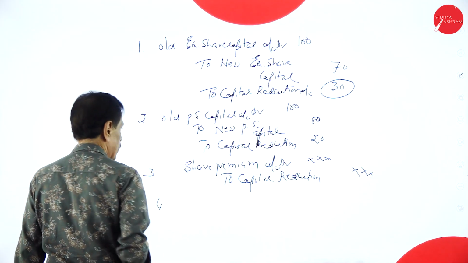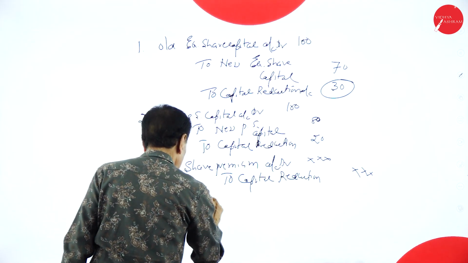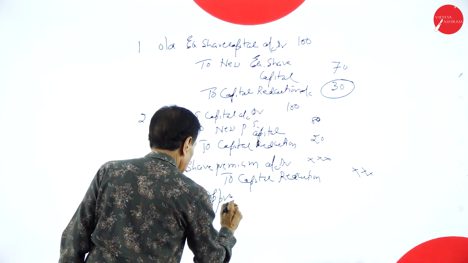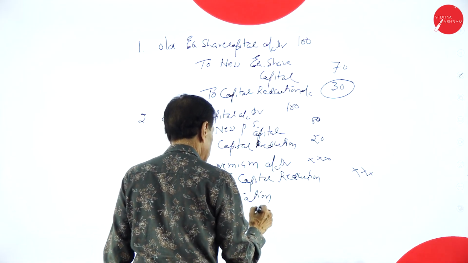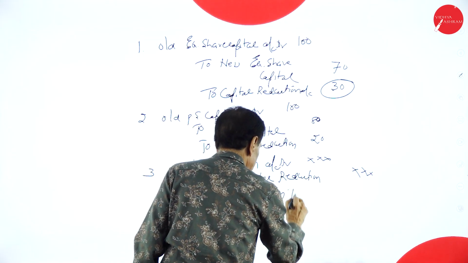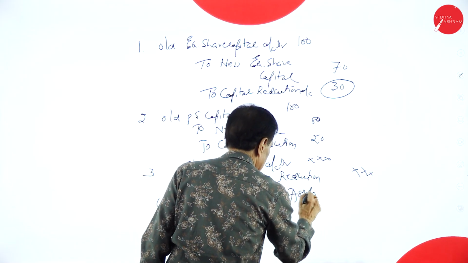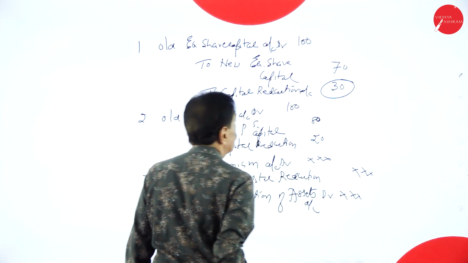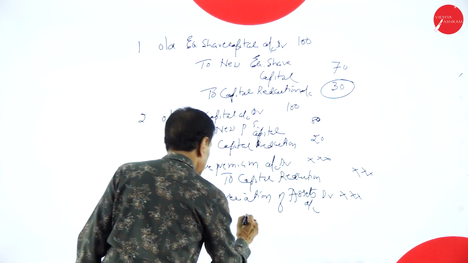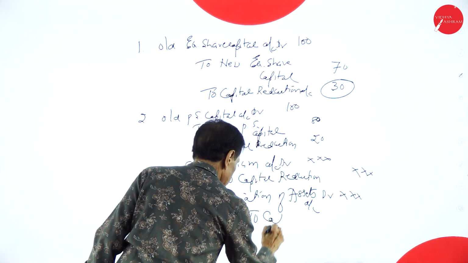Then, fourth one, appreciation of assets account debit, to capital reduction.